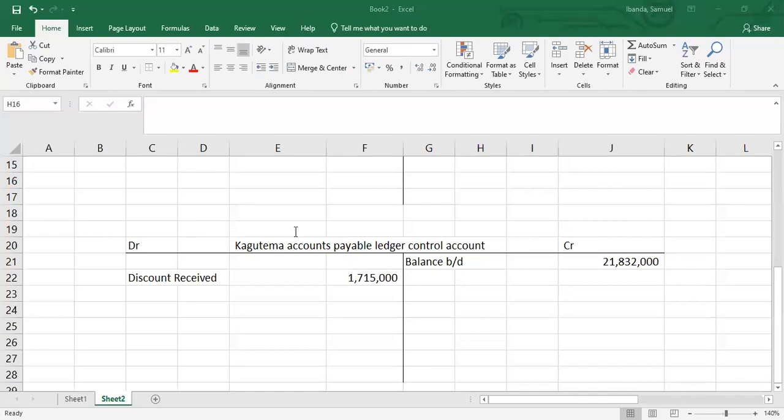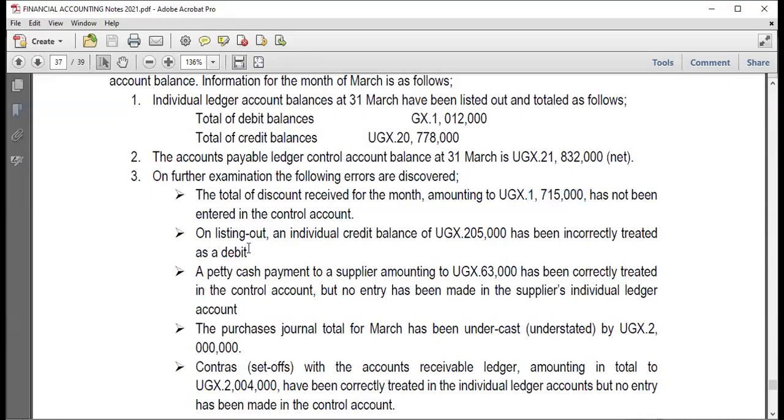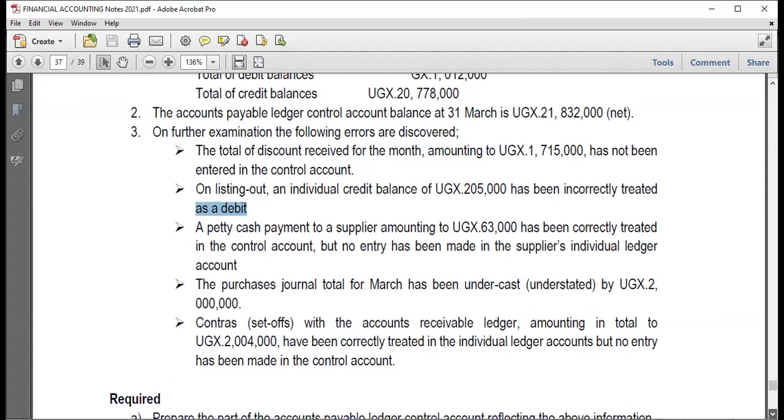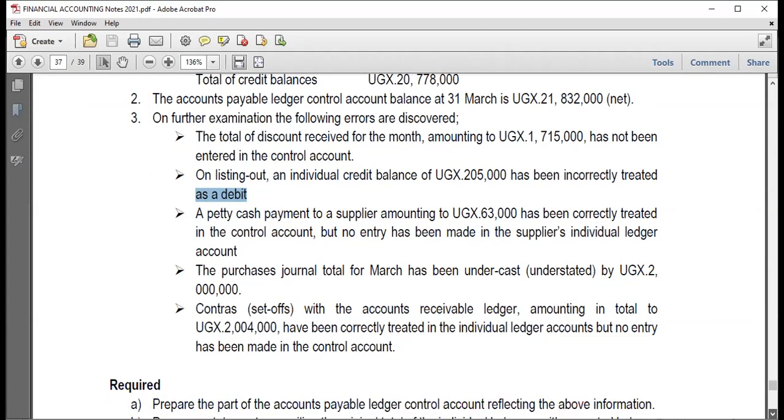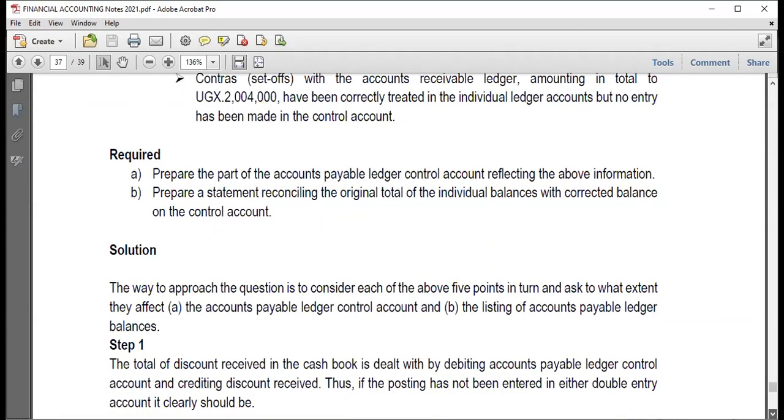They're saying that on listing out, an individual credit balance of 205 had been incorrectly treated as a debit.